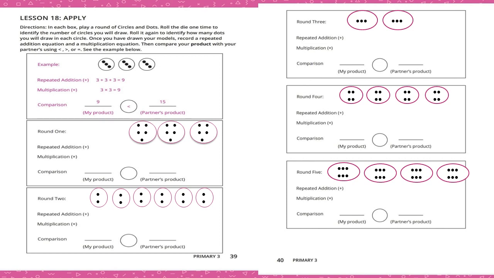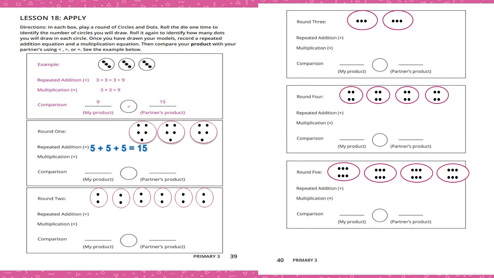Each circle has 5 dots. So we find that 5 repeated 3 times. So the repeated addition equation, we add 5 3 times. 5 plus 5 plus 5. 5 plus 5 equals 10. 10 plus 5 equals 15.